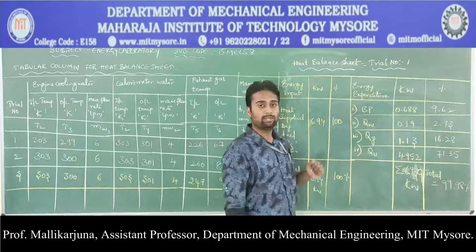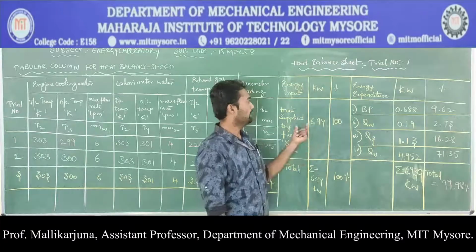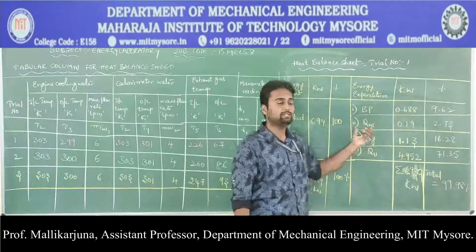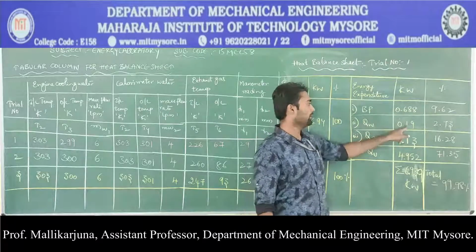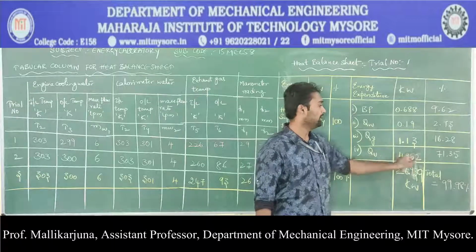Those are the energy expenditures on the right hand side of the energy balance sheet. So on the left hand side, only energy input. On the right hand side, we have expenditure. BP is 0.688, QW 0.19, QG 1.13, and unaccounted QU 4.952.